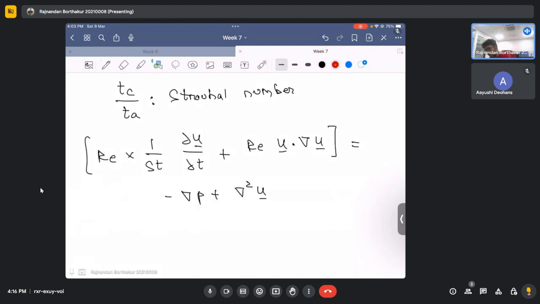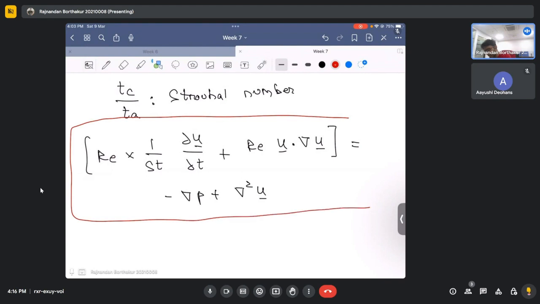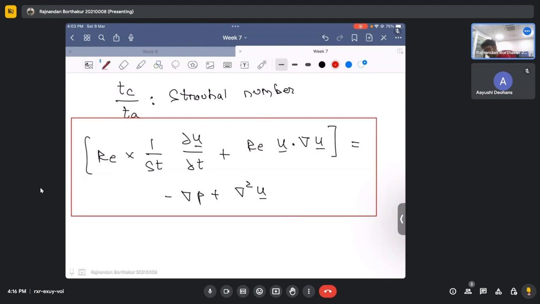This is interesting, right? Just by changing the time scale of the problem, and bringing in two time scales, we end up getting one more non-dimensional number, the Strouhal number. In either scenario, if we invoke the creeping flow assumption, because the Reynolds number multiplies both of these terms, we end up with just the terms on the right hand side: a balance between the pressure gradient and the viscous forces.